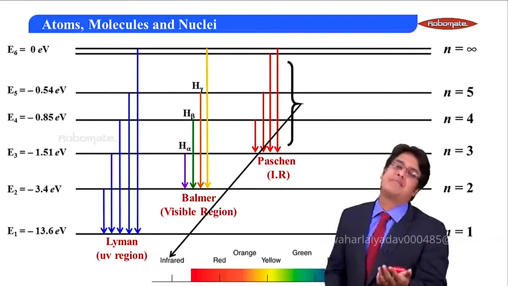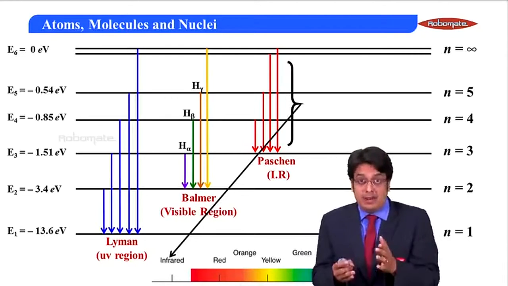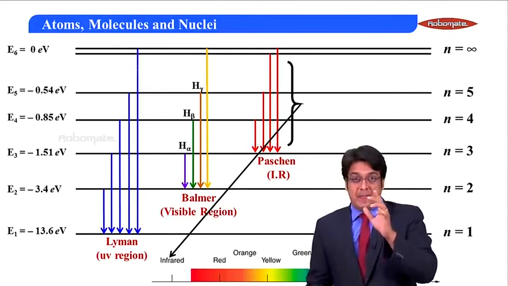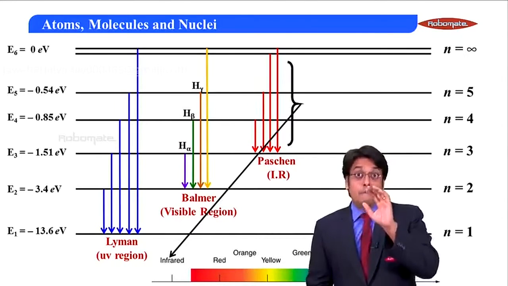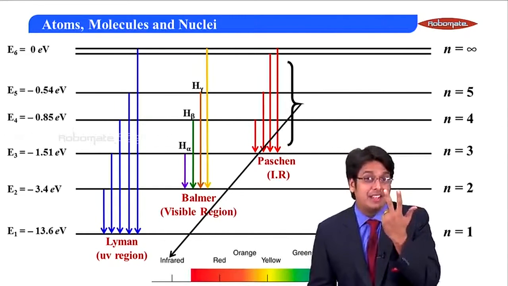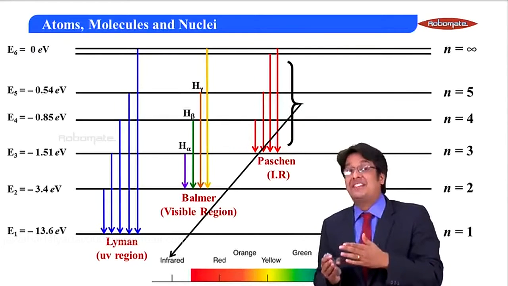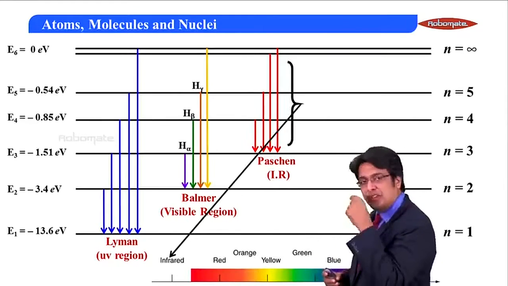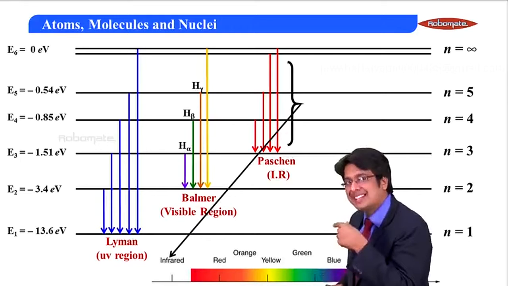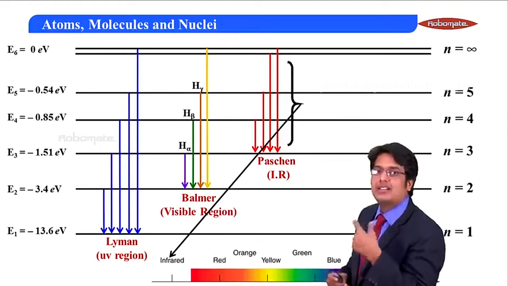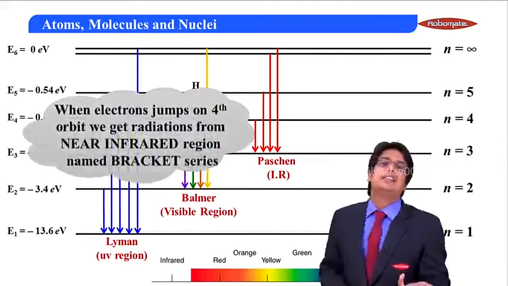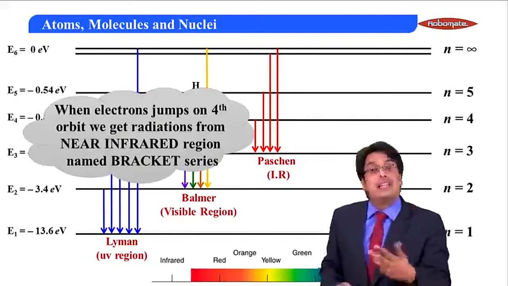Wow, such a simple thing. UV, visible, infra. Now let's see. Visible means VIBGYOR. More than violet means ultraviolet. Inferior to red, infrared. That's why in this entire spectrum, first you will find the UV rays, then visible light, then infrared.